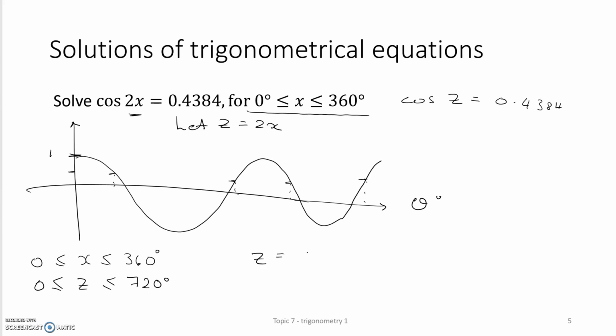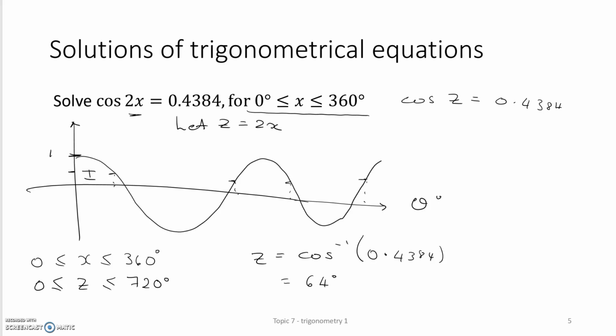So we're going to solve this. z equals cos inverse of 0.4384. Now look that up on your calculator, and in degrees you get 64 degrees, and cos is positive in quadrant 1 and 4.